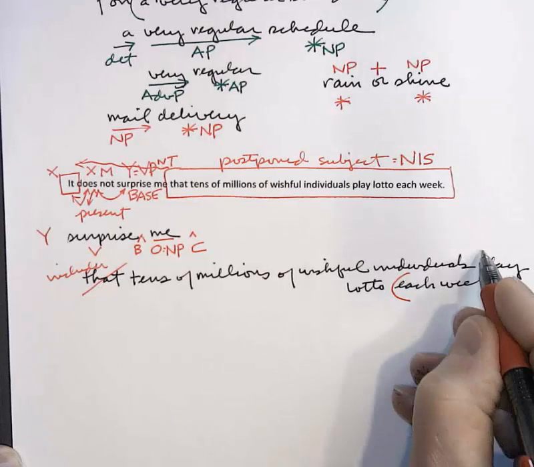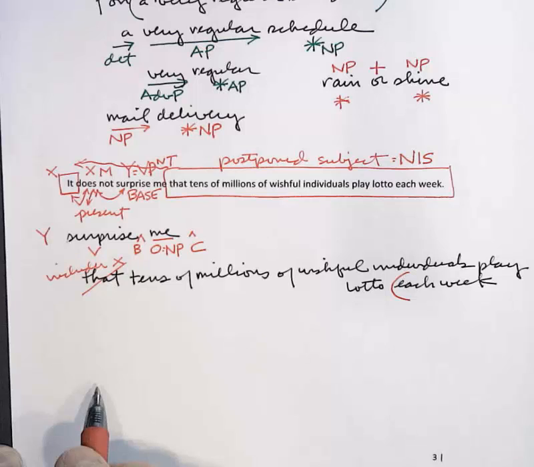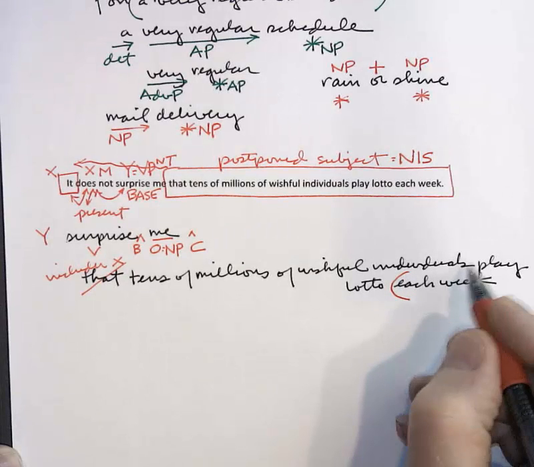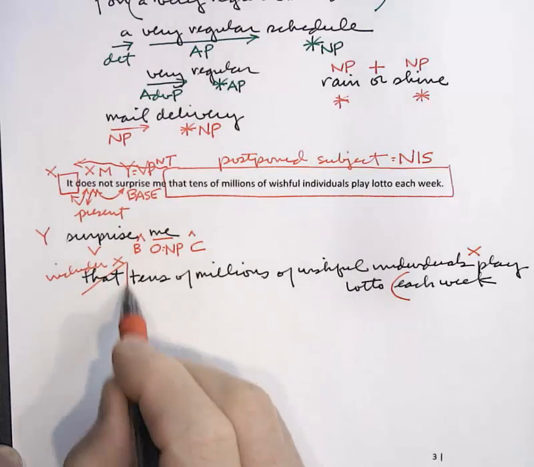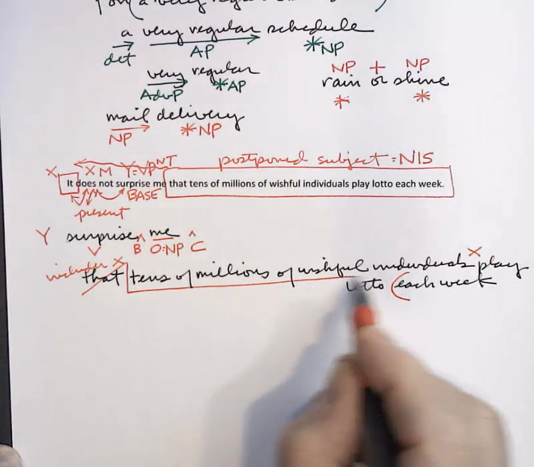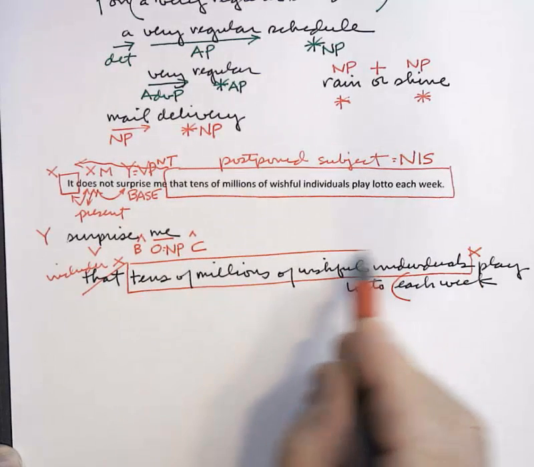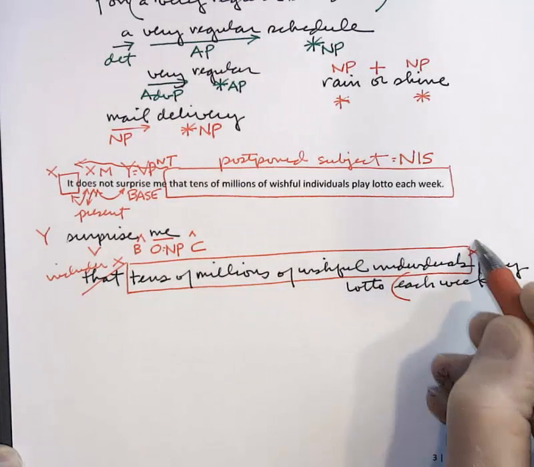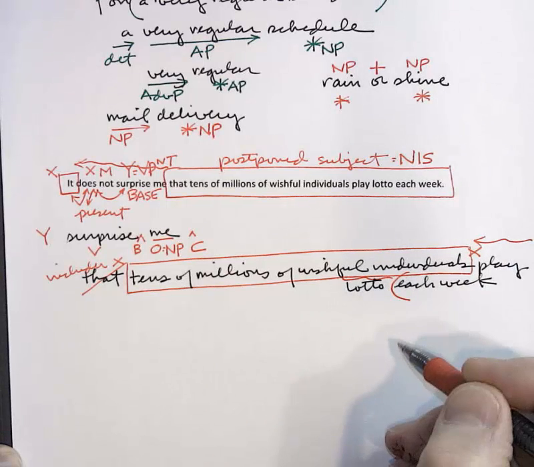So, do tens of millions of wishful individuals play lotto, and tens of millions of wishful individuals do not play lotto. Here is our subject, and everything left, play lotto, is the predicate.